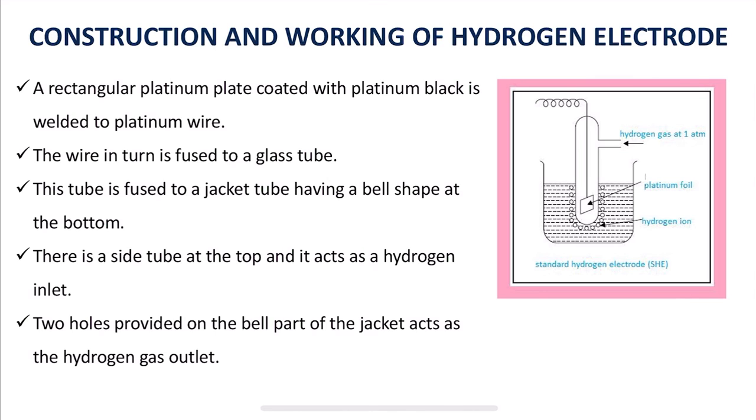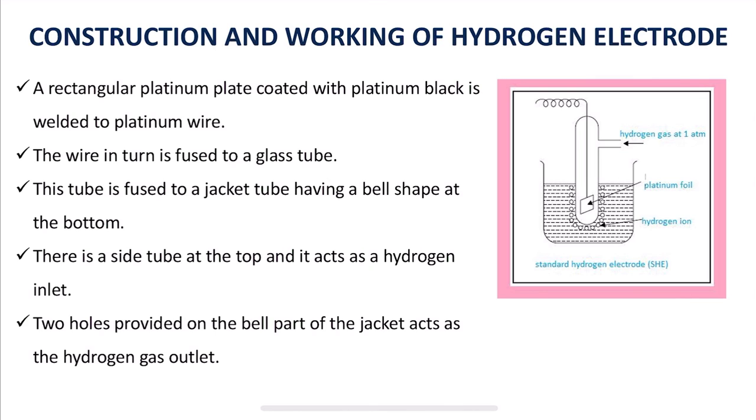The pressure inside the jacket increases when hydrogen gas is passed through this inlet. The acid level inside the electrode is pushed down and the platinum plate is exposed to hydrogen gas, and as a result hydrogen is absorbed by platinum.